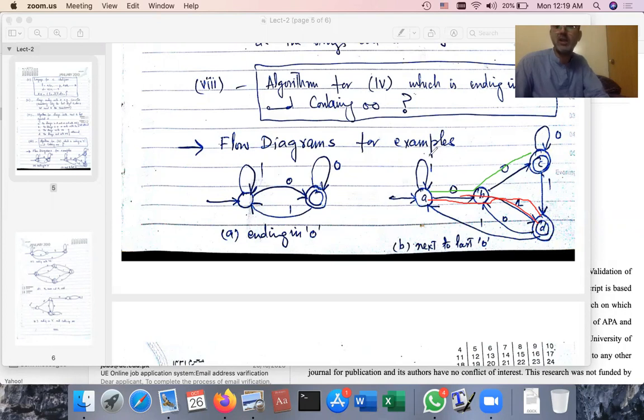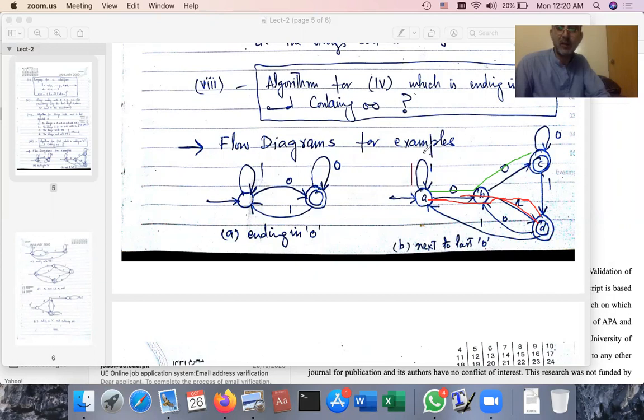So it means that this is an illegal string and it is not reaching the final state, so that's okay. This design, by making a loop here with 1, is also okay. Now maybe I can use some other color, a dark color.